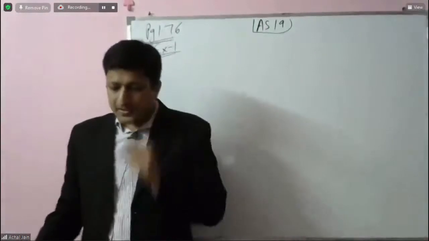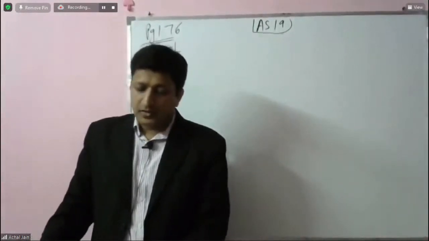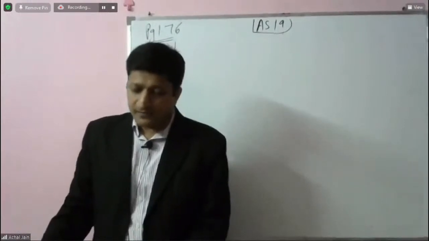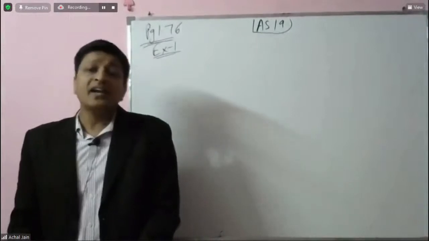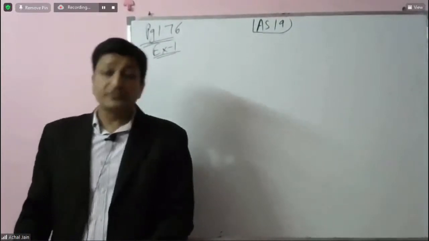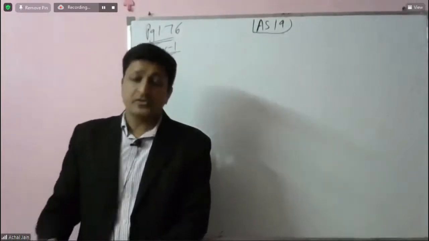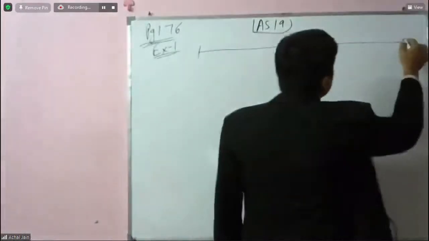Annual lease rents at the end of each year are 50,000. Lease period is 5 years. Guaranteed residual value is 25,000. Unguaranteed residual value is 15,000. Fair value of the asset at the inception of the lease is 2 lakh. So the period is 5 years.